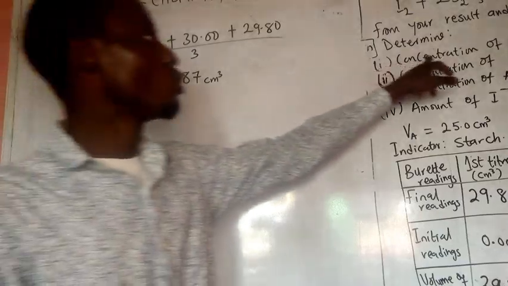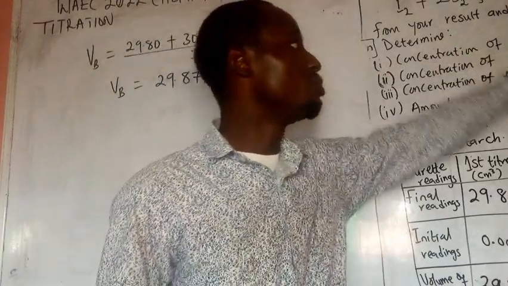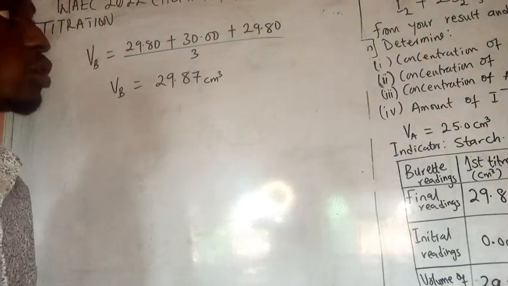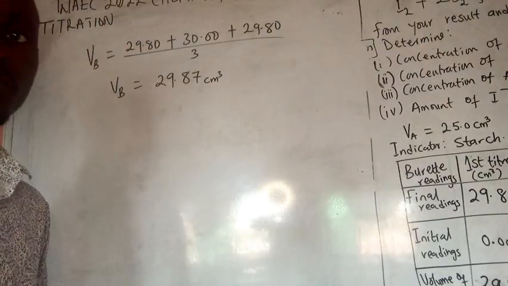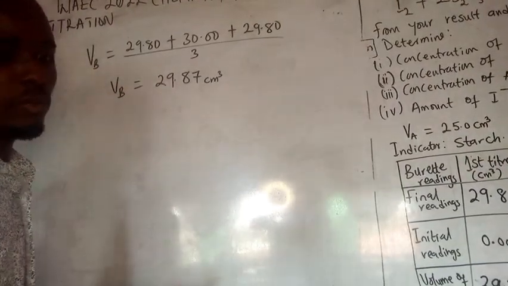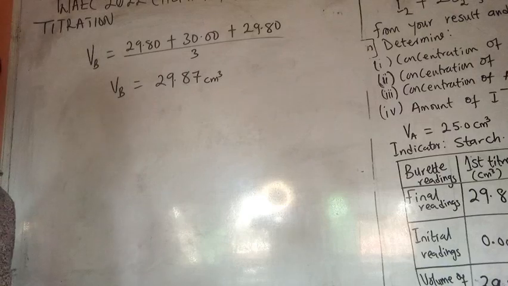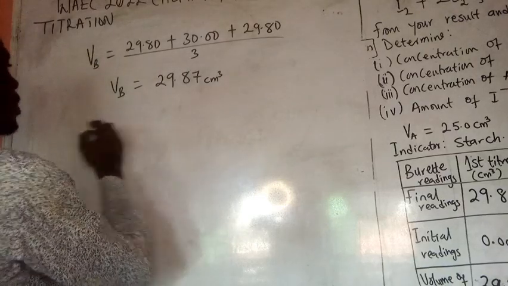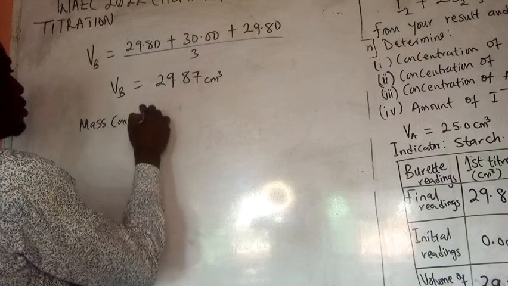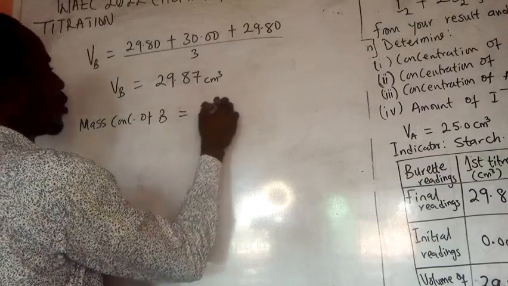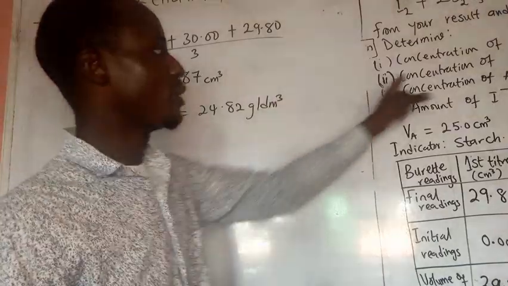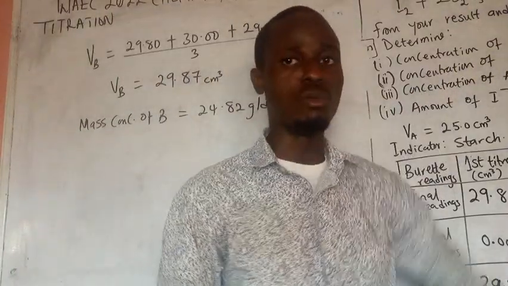So now we were told that from our results, calculate the concentration of B in mole per dm cube. However, if you look at it very well, in the question we were given the mass concentration of B to be 24.82. So that means the mass concentration of B is equal to 24.82 gram per dm cube. Now we're going to find the concentration of B in mole per dm cube.